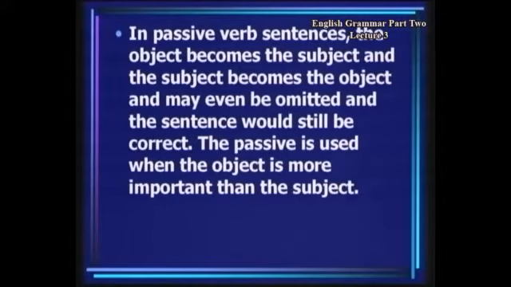The passive is used when the object is more important than the subject. I want you to notice this, that in English, it's very common to start the sentence with the object or what receives the action, when the object in an active sentence is more important than the subject. يعني لو بقول أحمد, if I say that Ahmed broke the window, what is more important here?